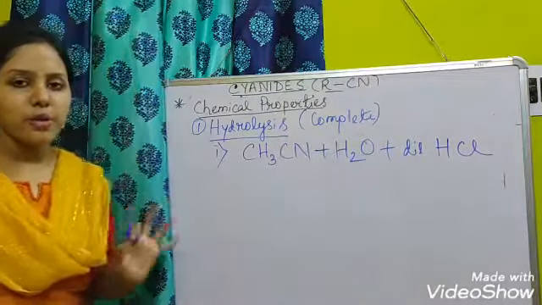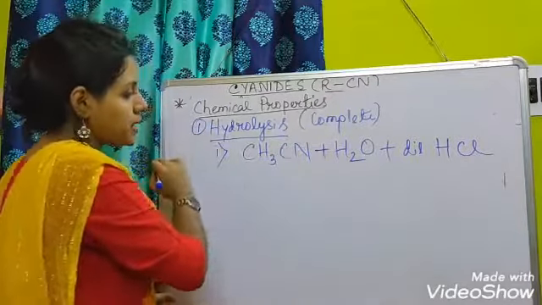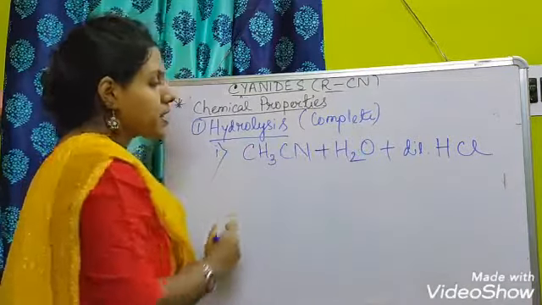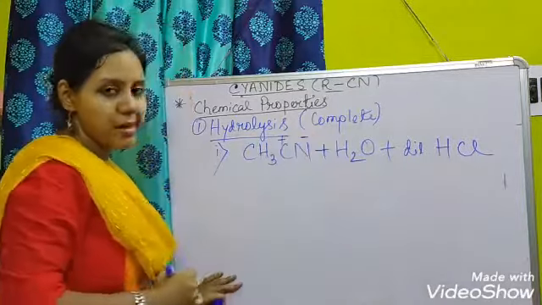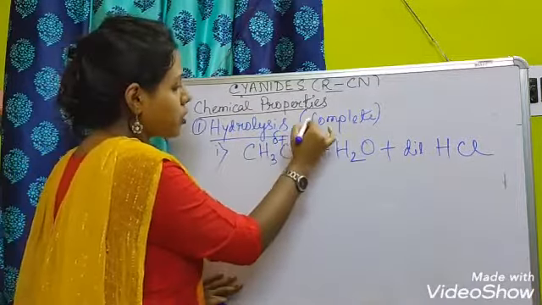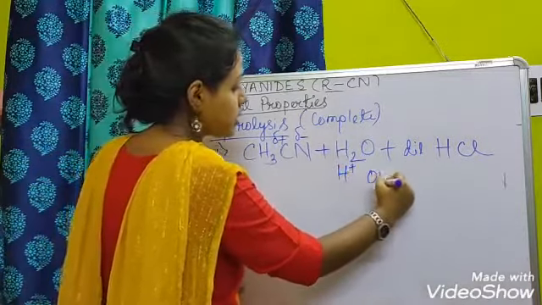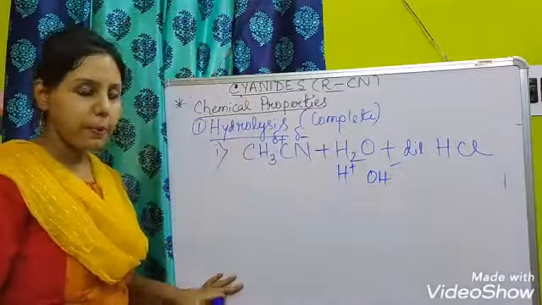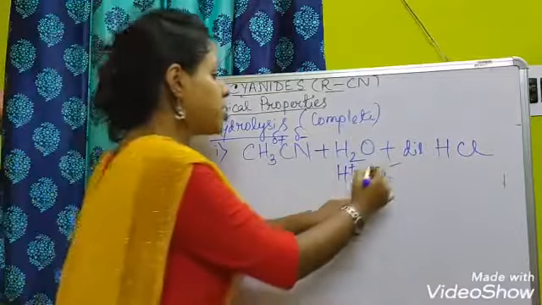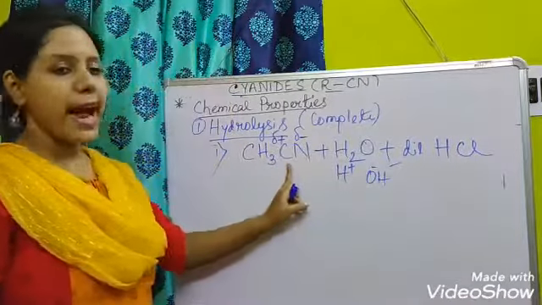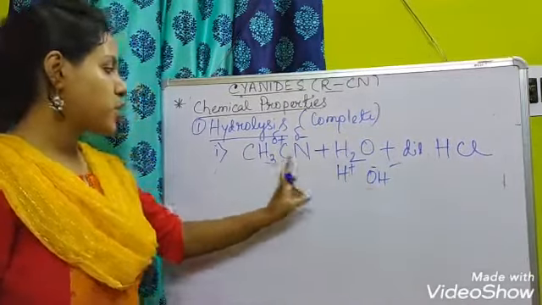So what will happen here? What will be the mechanism here? So first of all, we know that in this case carbon has a positive charge, and nitrogen has a minus charge. Though it is partially positive, it is partially negative. Okay, and here there is H plus and OH minus. So whenever the reaction will take place, what happens? This negatively charged OH minus will be added to the carbon that is positively charged.